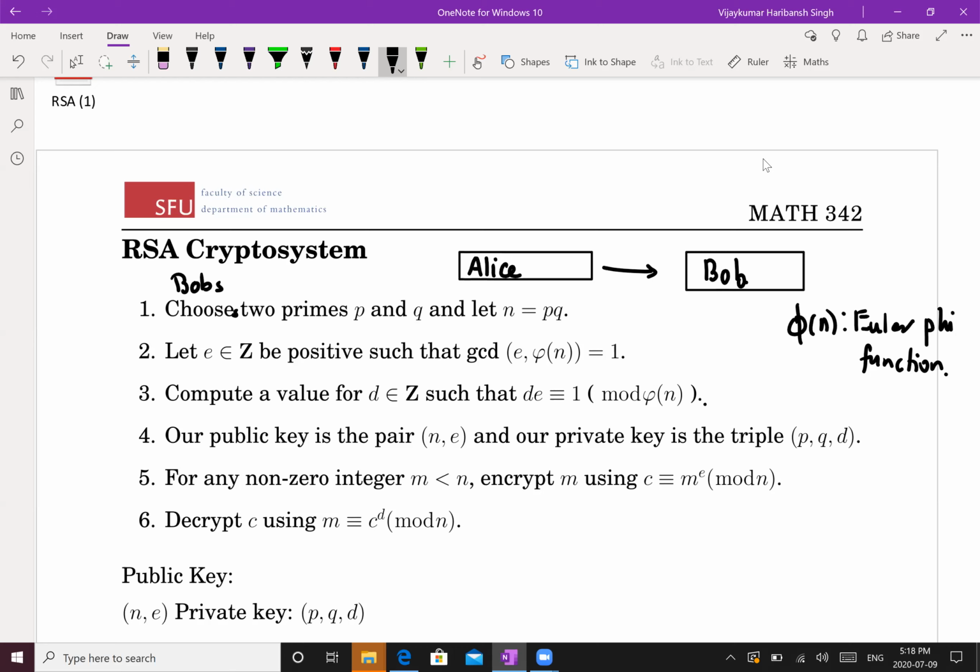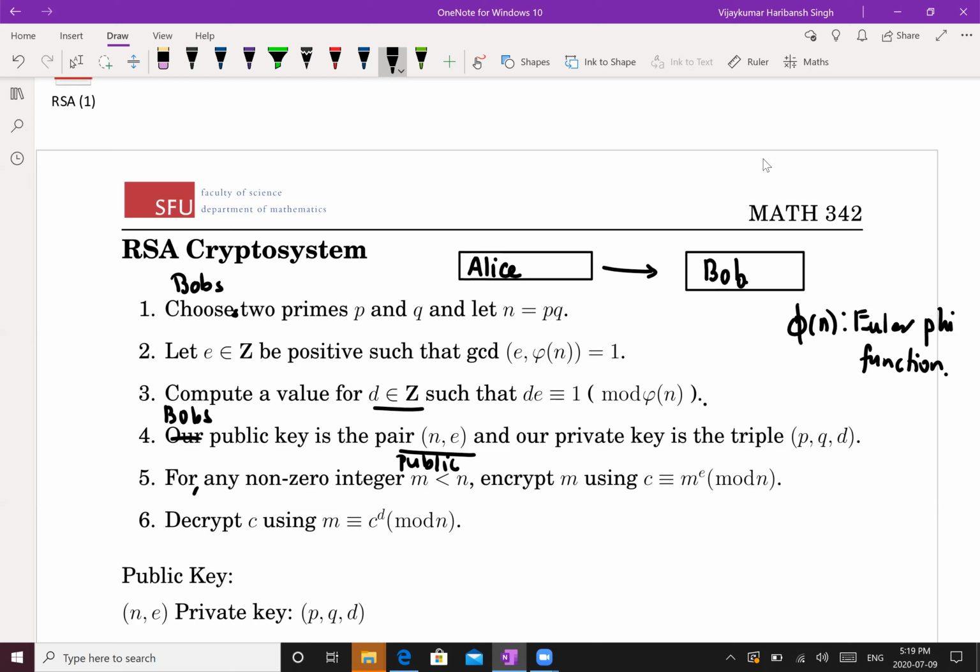Then he computes a value D such that D is the inverse of E modulo phi of n. Then Bob's public key is the pair (N, E), so he makes this public, and the private key is P, Q, and D.